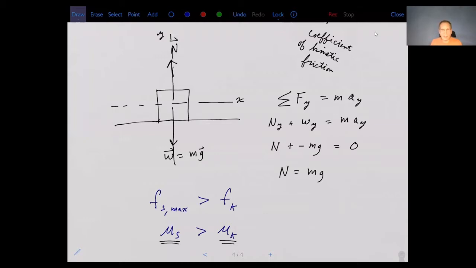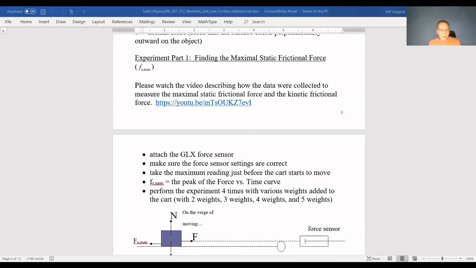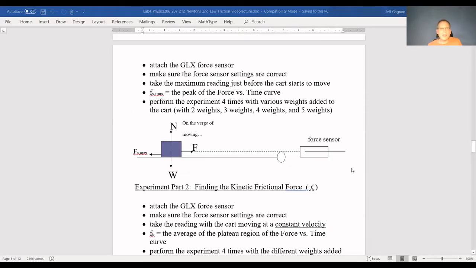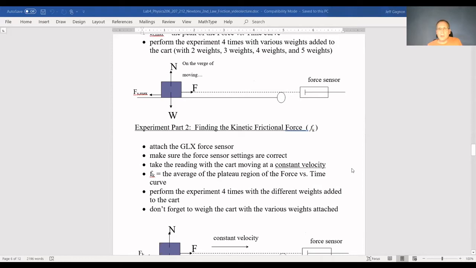Okay, let me go back to the handout. Make sure you watch my quick short video on how the data was collected for this section. Basically, we used a force sensor and pulled on the cart.